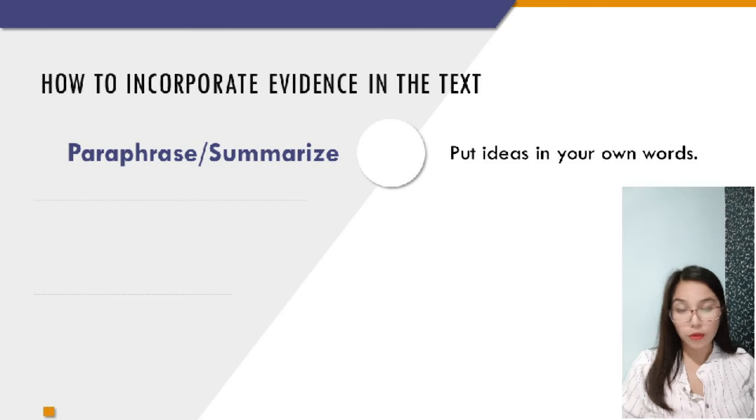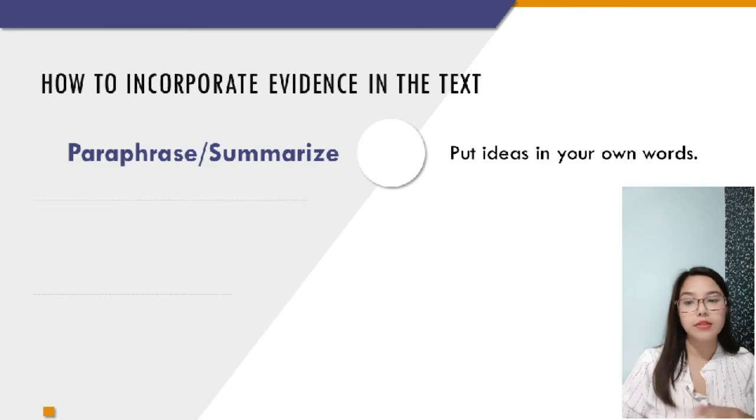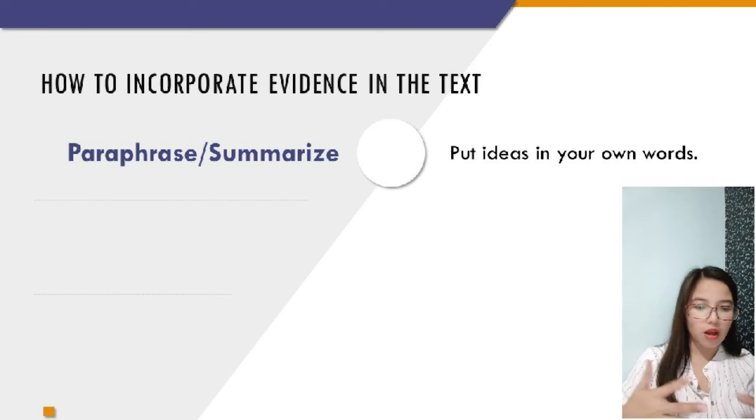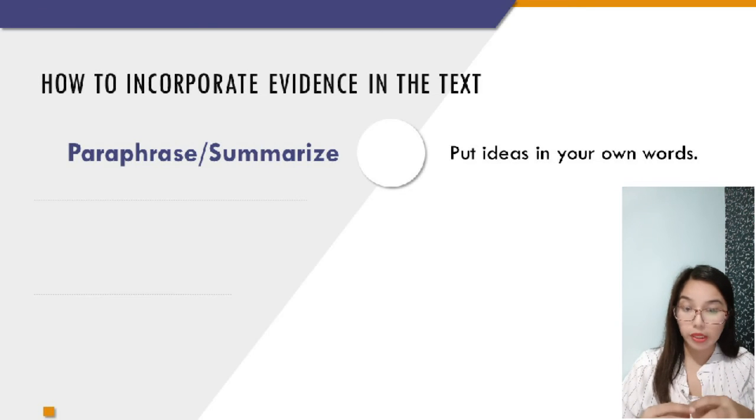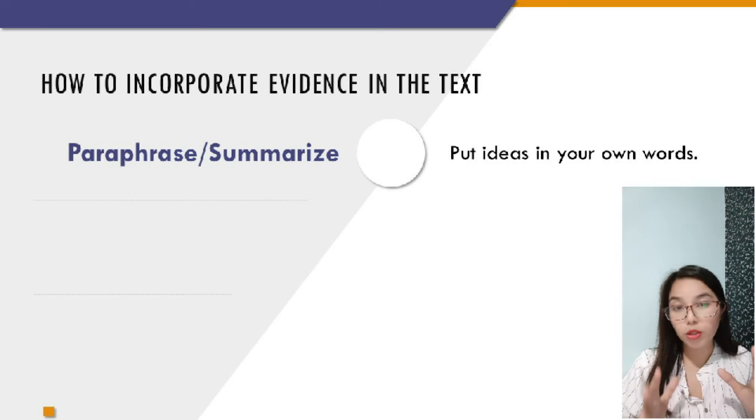The next question that we need to answer is how to incorporate evidences in the text. First is by paraphrasing or summarizing the ideas of several authors that you have gathered, and then you put them all together to support your claim. Of course, when you paraphrase, you put the ideas in your own words.